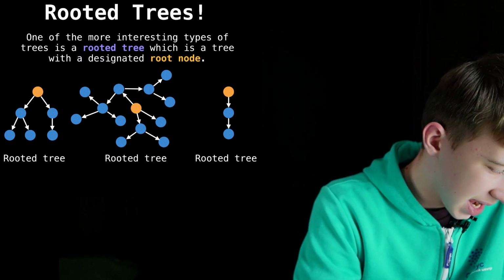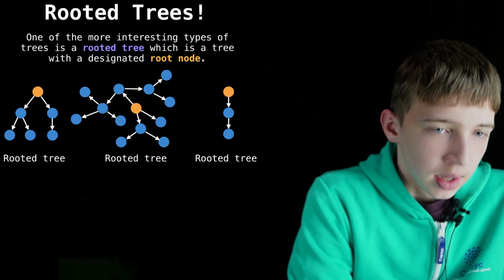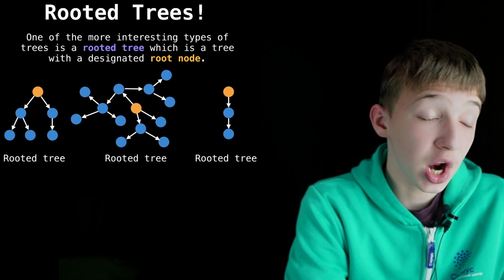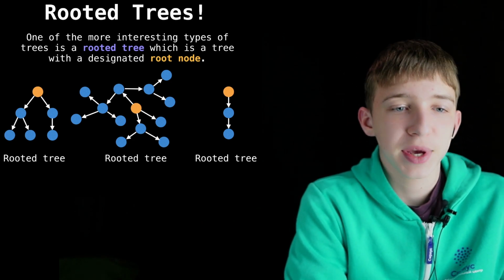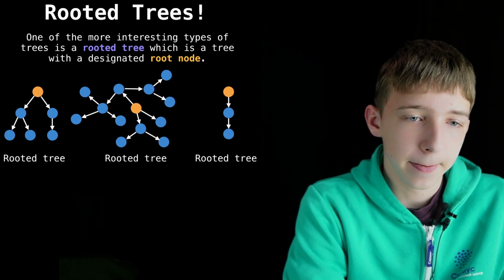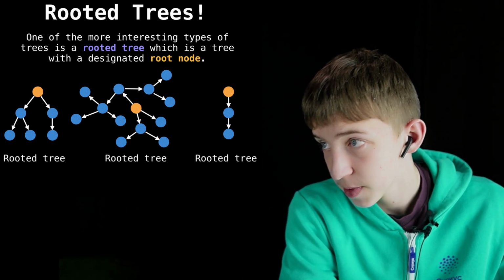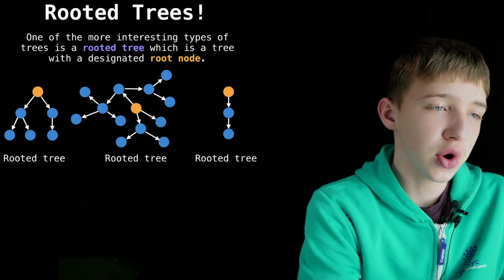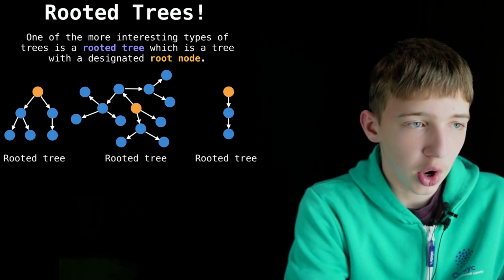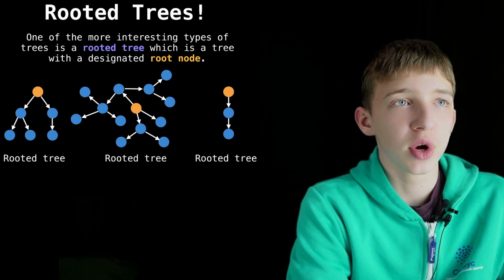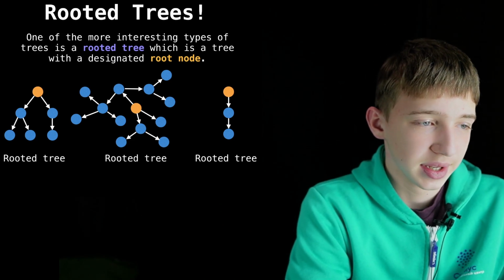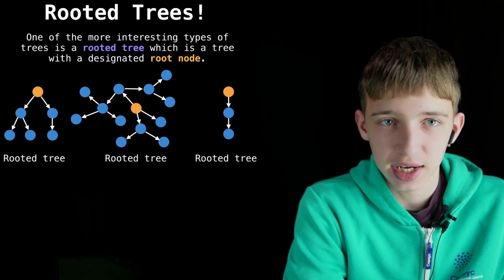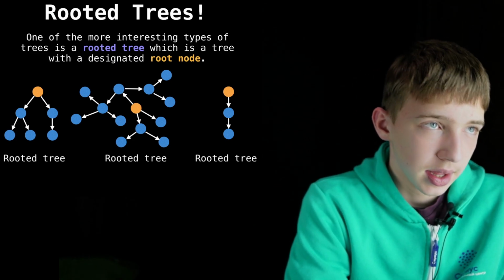Generally speaking, these rooted trees are far easier to work with than undirected trees because they have a very well-defined structure. They have a root node, all the children of this node, and so on, without all these infinite amounts of neighbors, which can be cycled, because of course a tree does not contain a cycle.